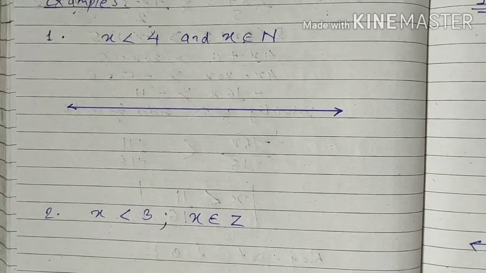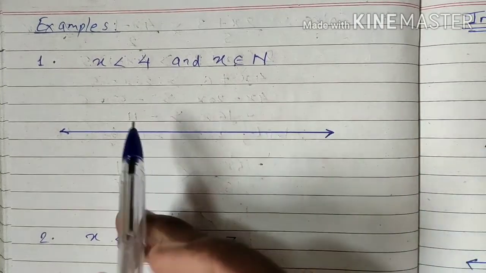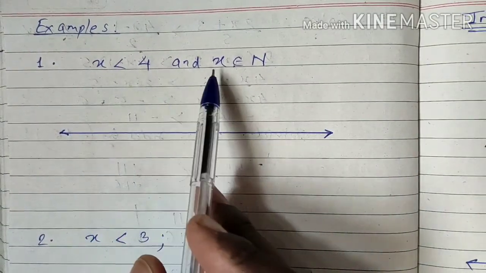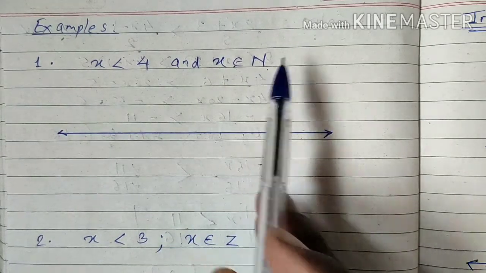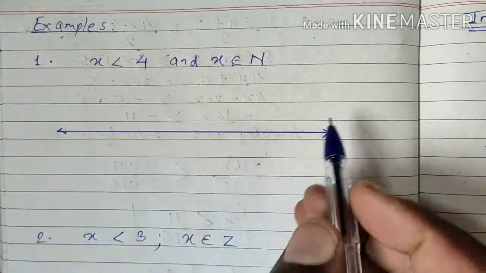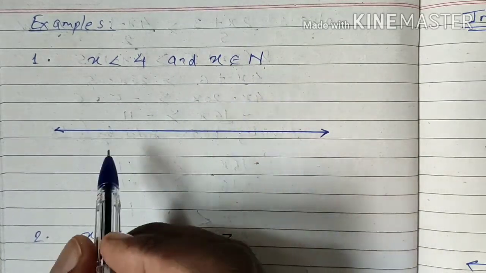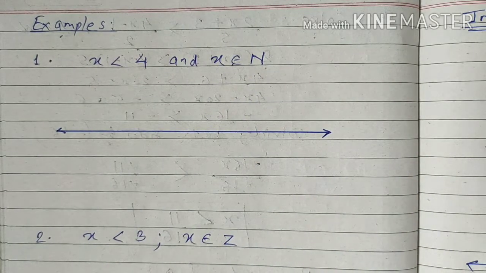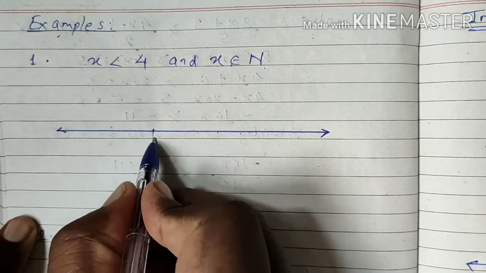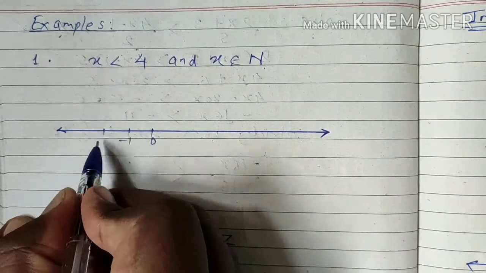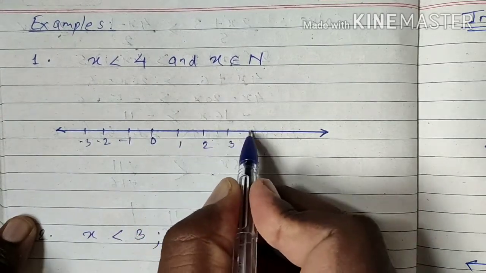For example, there are some examples that we are learning today. If x is less than 4 and x belongs to the natural numbers, then how can we represent the same thing on the number line? First of all, 0, minus 1, minus 2, minus 3, 1, 2, 3, 4 and 5.